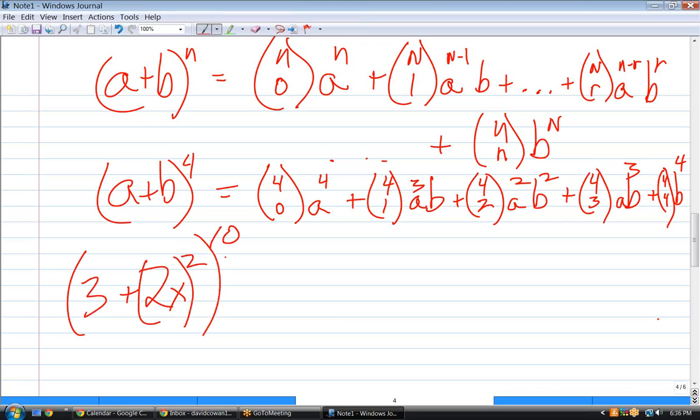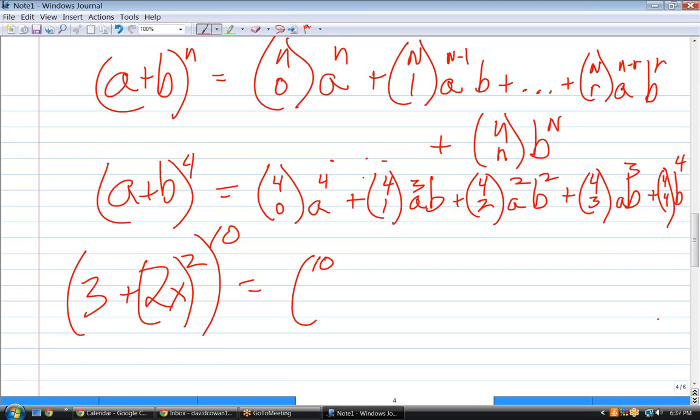Like that? Yeah. Okay. So, which term do they want? The 10th term, x to the 10th. Okay. The 10th term. Alright, so the 10th term is going to have a coefficient of what? 10 choose what?